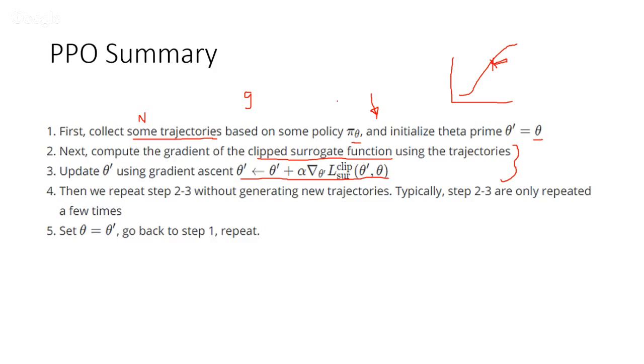So the efficiency is improved. Previously we had to collect new trajectories for all the steps. Now we don't collect new trajectories that often. We do collect new trajectories; it's not that we just collect one set of trajectories and stick with it.